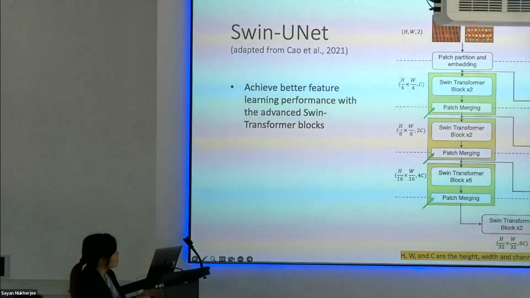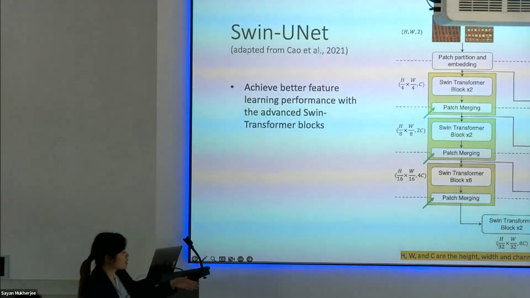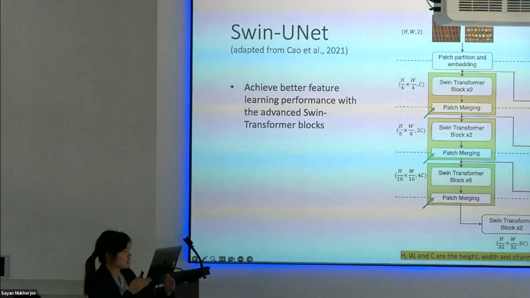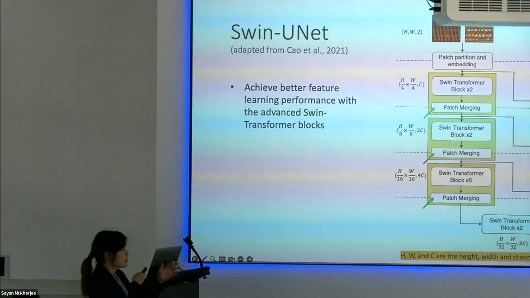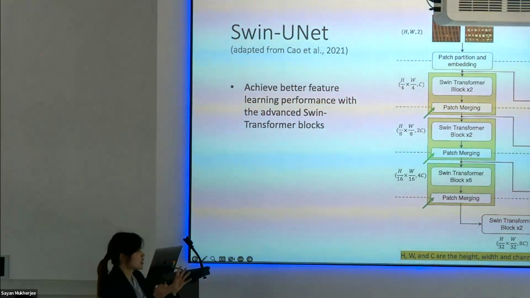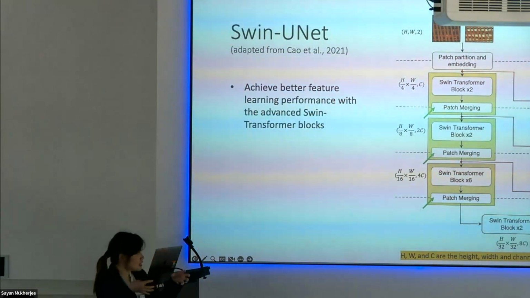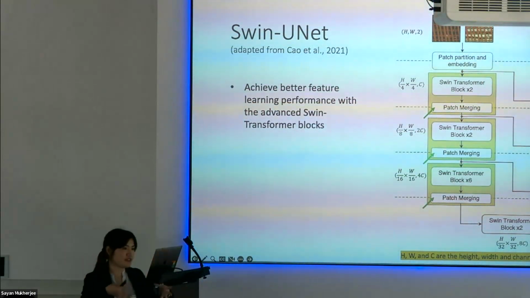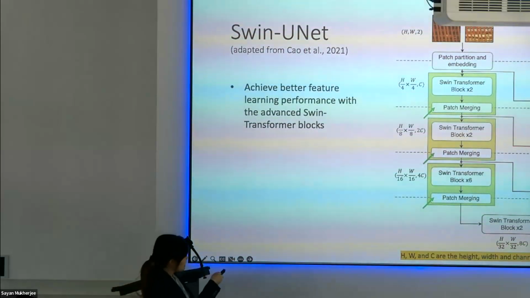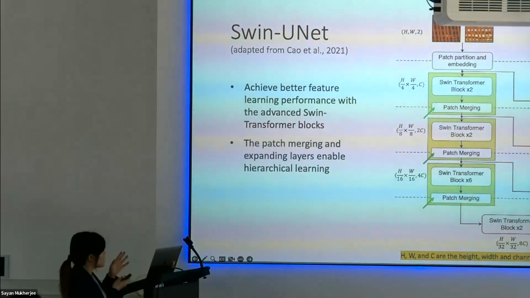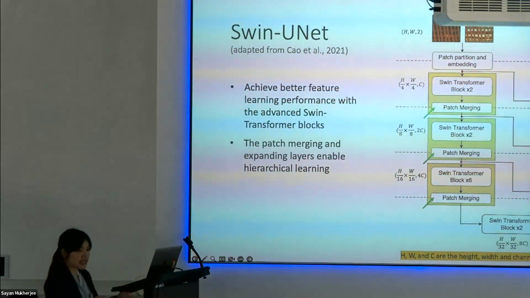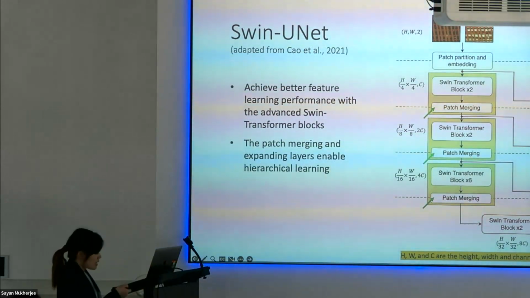And every decoding block starts with a patch expanding layer, which is an inverse operation of the patch merging layer. So with patch merging and expanding layers, we can gradually shrink the size of the feature map through the encoding path, and also gradually expand it through the decoding path. So these two layers enable hierarchical learning for this neural network.